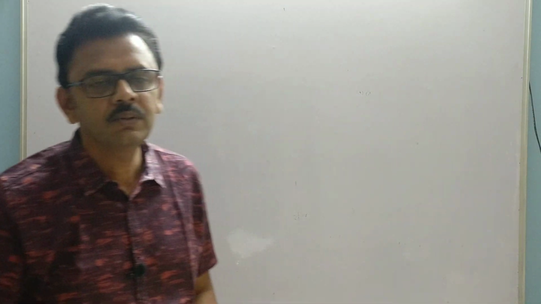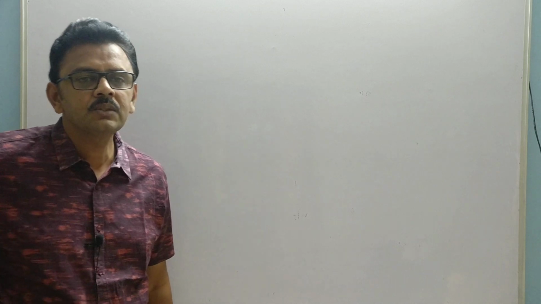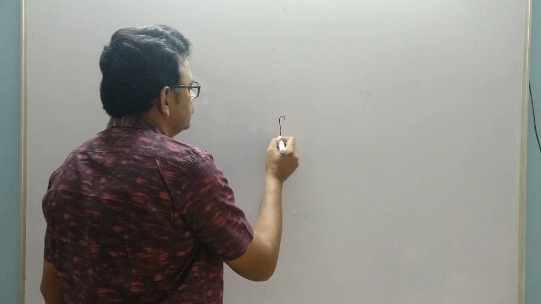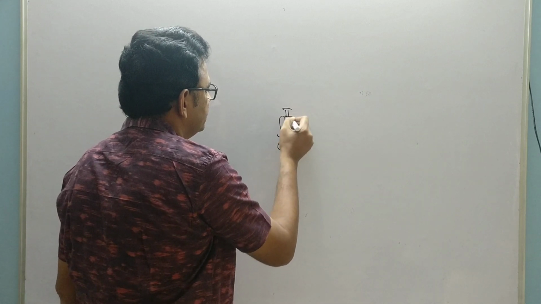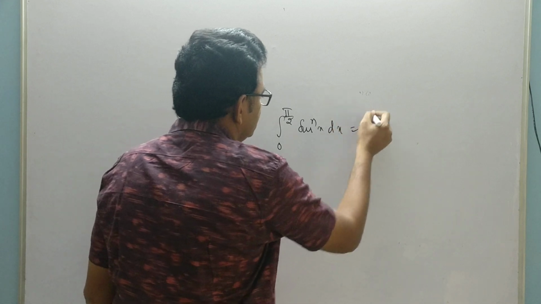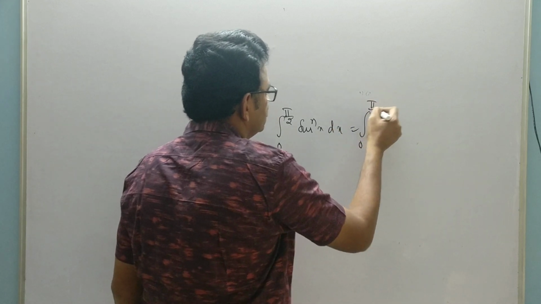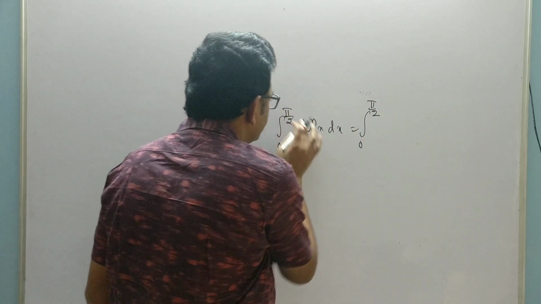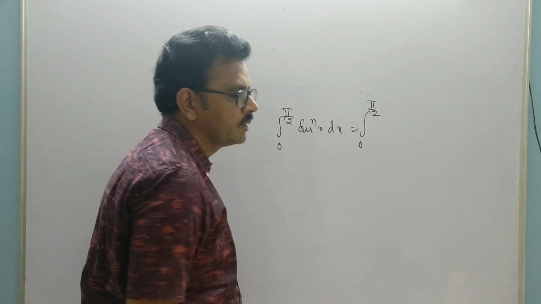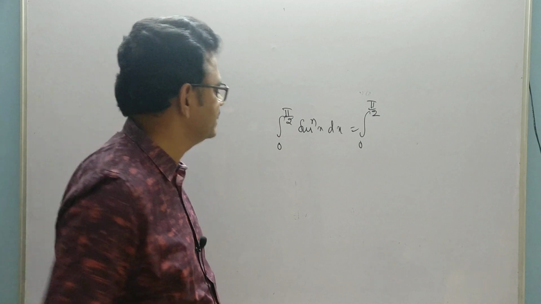So integral 0 to pi by 2 of sin power nx dx is also equal to integral 0 to pi by 2 of cos power nx dx. See here, integral 0 to pi by 2 of sin power nx dx equals integral 0 to pi by 2 of sin power n of (pi by 2 minus x), using integral 0 to a of f of x dx equals integral 0 to a of f of a minus x dx.